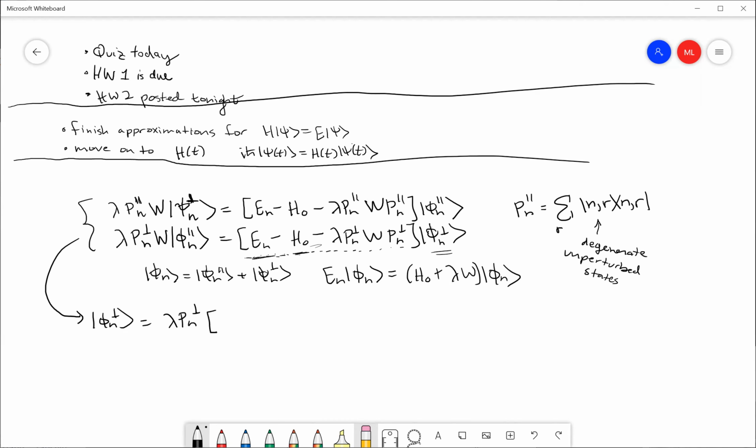This Pn perp, of course, commutes with this portion. I'll just write out the answer here. So this is the inverted operator.